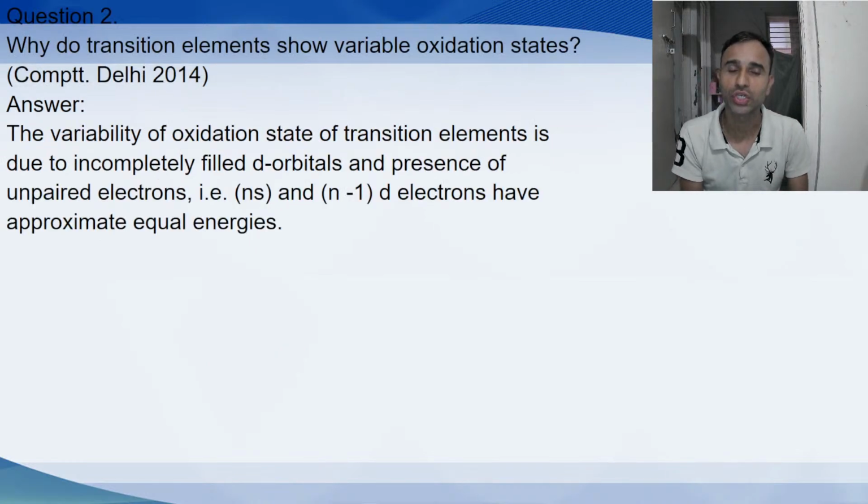Why do transition elements show variable oxidation states? So say, in D block elements, what is the general electronic configuration?